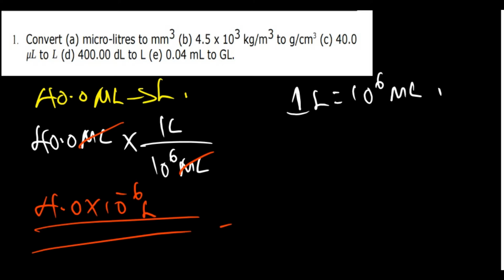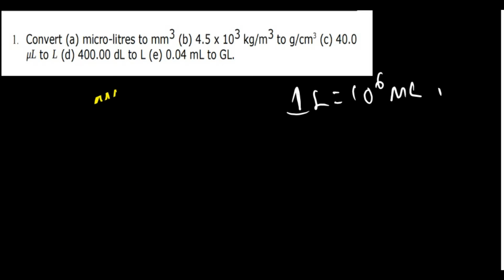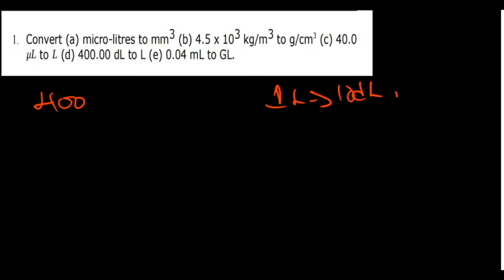Let's go to part D. Part D, we want to convert deciliter to liters. What we have to understand is that in 1 liter there is 10 deciliters. So we have 400.00 deciliter. We can use dimension analysis to convert deciliter to liters. In 1 liter, how many deciliters do we have?